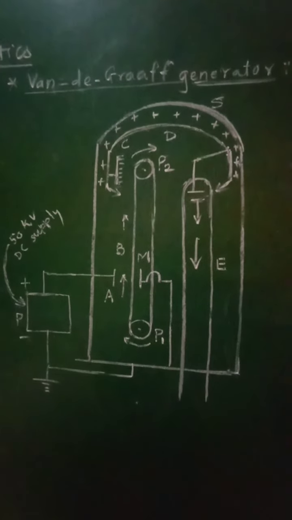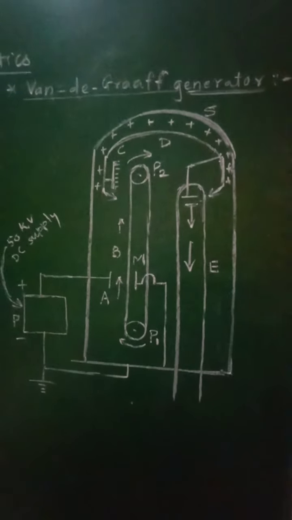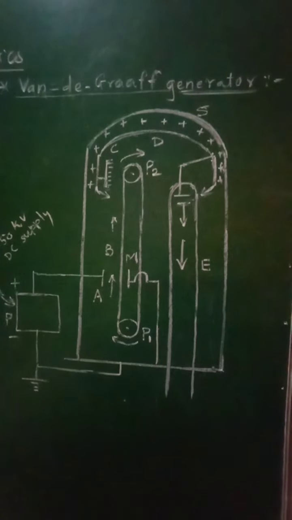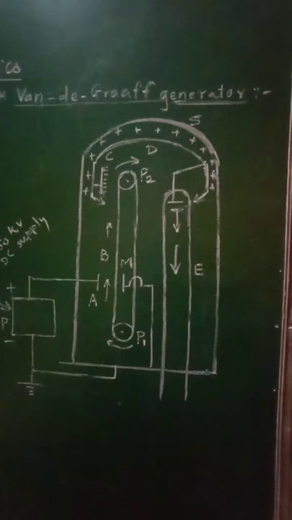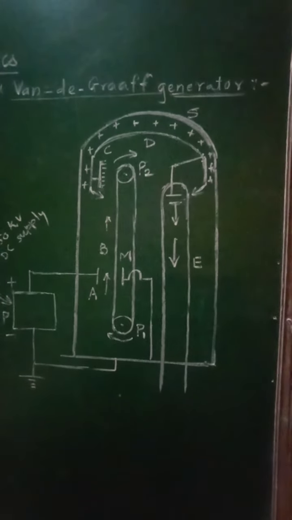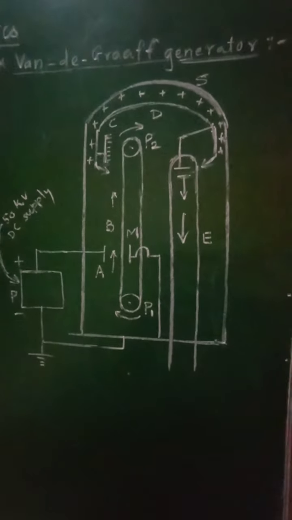The working principle of this generator is that if a charge is continuously supplied to an insulated metallic conductor, then the potential of the conductor goes on increasing.